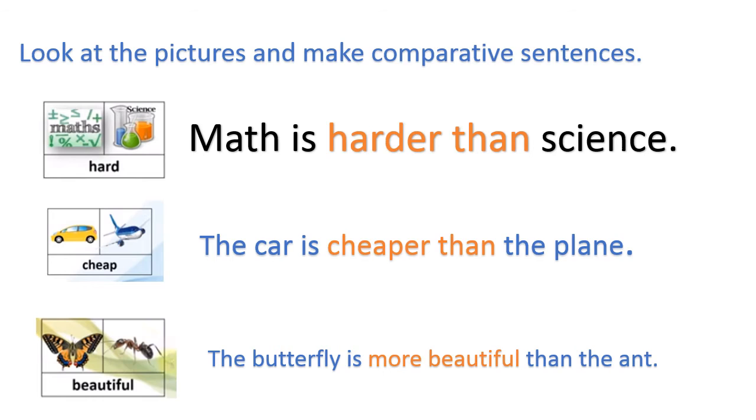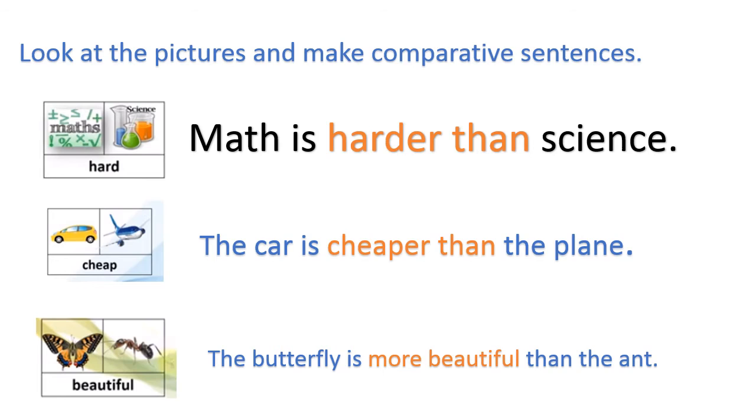Look at the second picture. Cheap: we have the adjective cheap, and we have a car and a plane. We have to make a sentence to describe this using the adjective cheap. The car is cheaper than the plane. We add ER to the adjective and follow it with than.